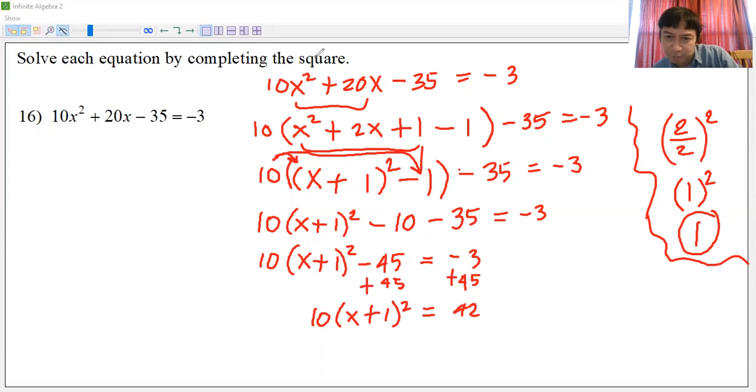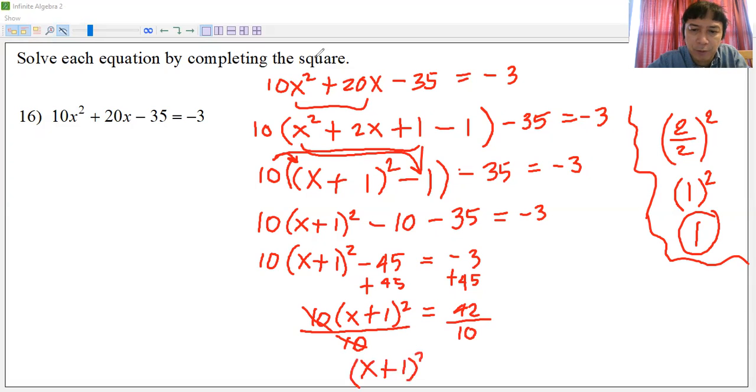Okay, so after doing that, we shall divide by the 10, so that we can solve for the x. Divide this by 10, divide this by 10. The 10 cancels out with the 10. Next line is (x plus 1) squared equals 42 over 10. 42 is divisible by 2, so we can reduce this to lowest terms, and so is the number 10.